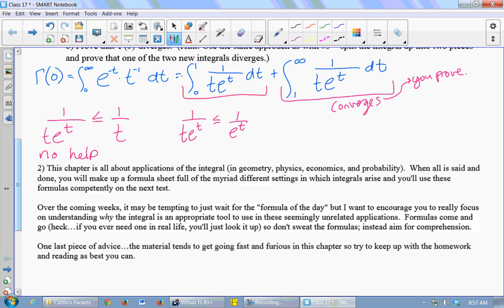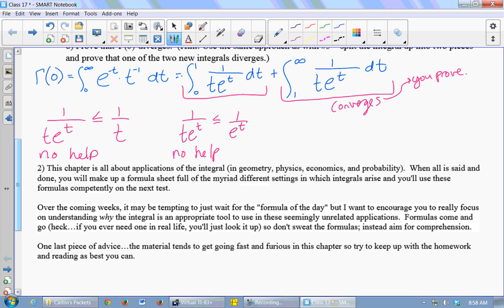And what happens to 1 over e to the t on 0, 1? Convergent or divergent? It's divergent on 0 to 1. So again, we're smaller than something divergent. So this is no help either.